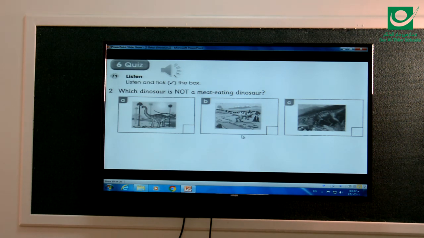No, some meat-eating dinosaurs were big and others were small. What else makes meat-eating dinosaurs special? Their teeth. Meat-eating dinosaurs had long, sharp teeth. That's scary. Yes, meat-eating dinosaurs looked quite scary. So which dinosaur is not a meat-eating dinosaur?